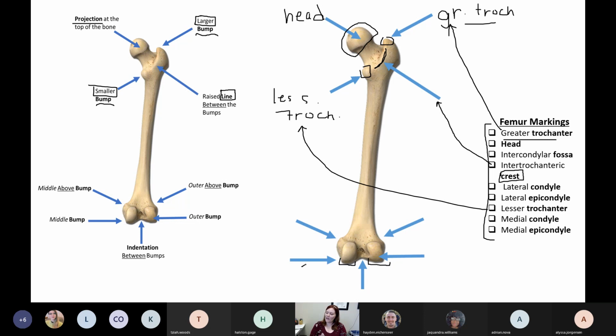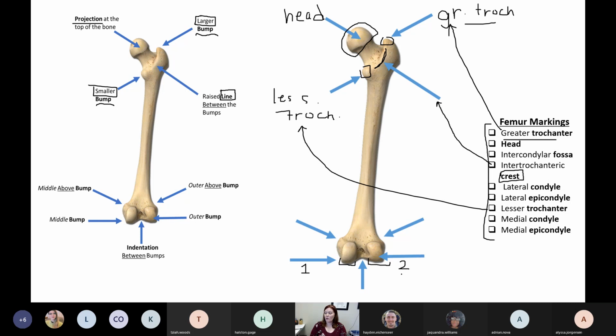When I talk about the condyles, if I told you that the head of the femur is what was pointing toward the middle of the body, would we say that the medial condyle would be number 1 or number 2? Let's take a guess.